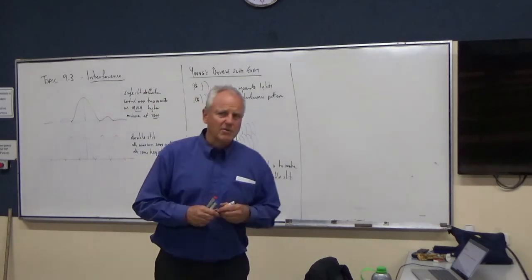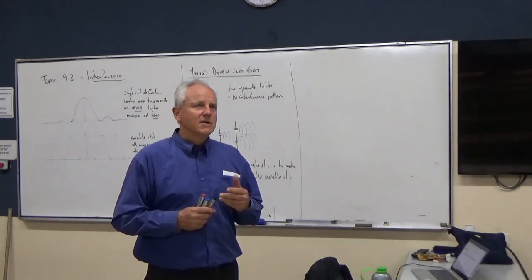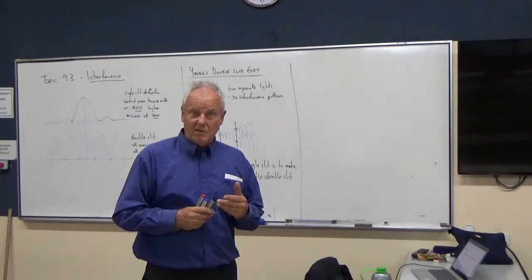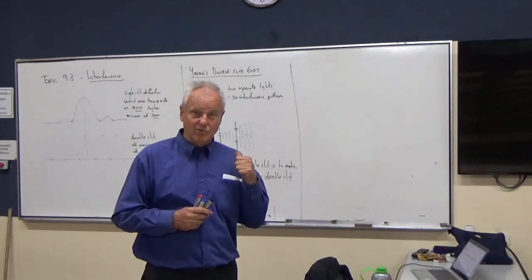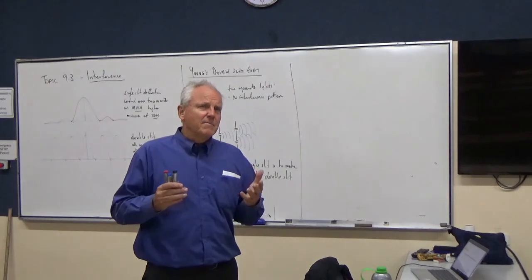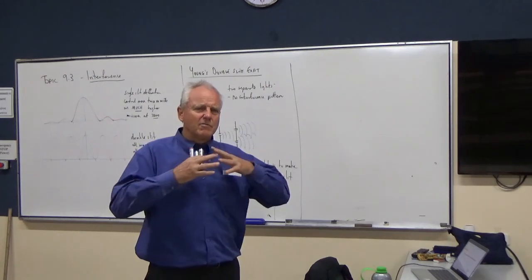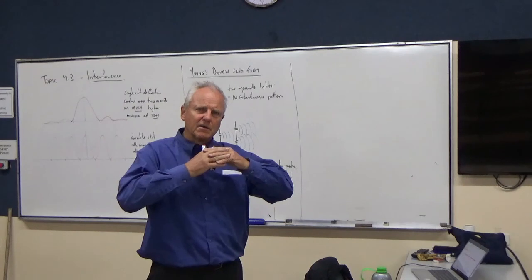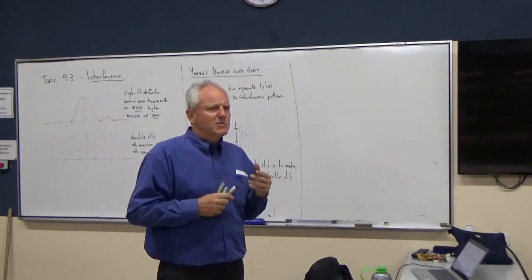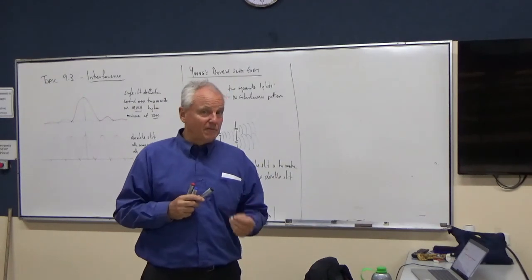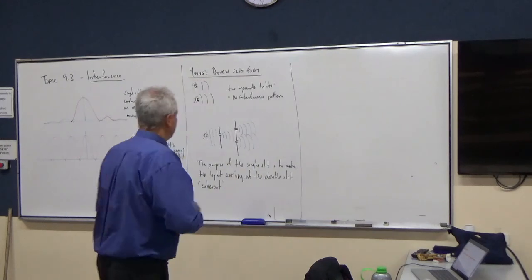In English, coherent is a word that means easy to understand. I'm not sure if this is coherent or not, or whether I am, but it sort of means the same. Coherent means all together. So it specifically means having a constant phase difference.